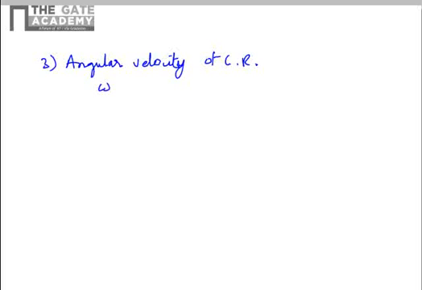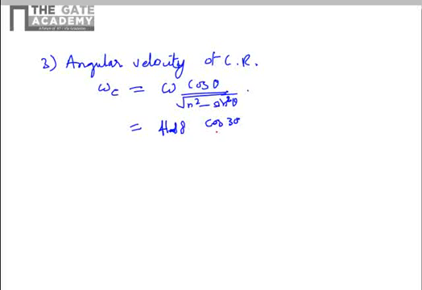Now the third part of the problem, that is angular velocity of connecting rod. For this part we will recall our equation for connecting rod omega. Omega C is omega cos theta divided by square root of n square minus sine square theta. This is the equation we just derived some time back. So omega is known, 41.88, multiplied by cos of 30 degree divided by square root of n, that is 5 square, minus sine square 30 degree.